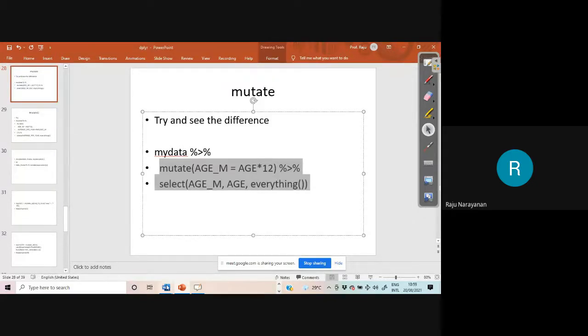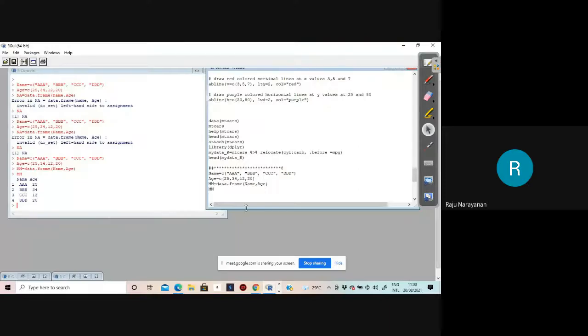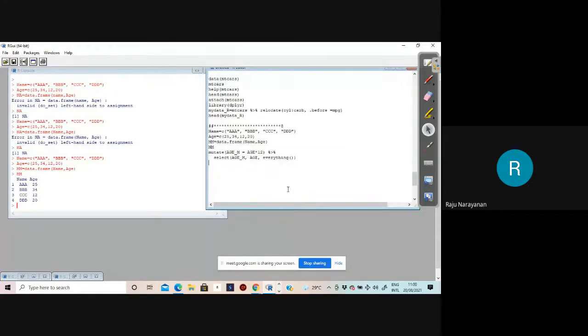Okay, I will show you another way also now, no problem. Mutate age. Don't make any changes in the spelling. Age into 12. For now the age is in years, I want to make this.